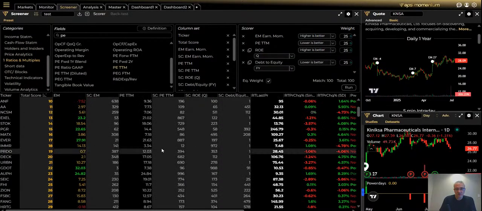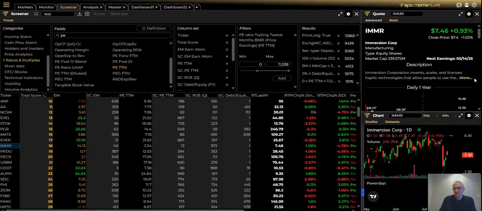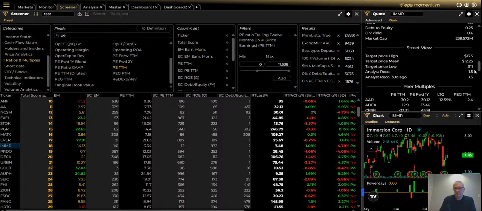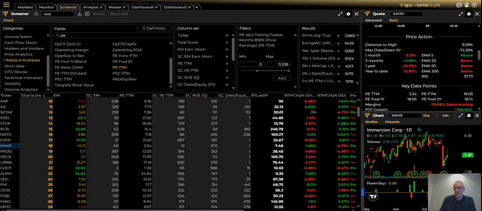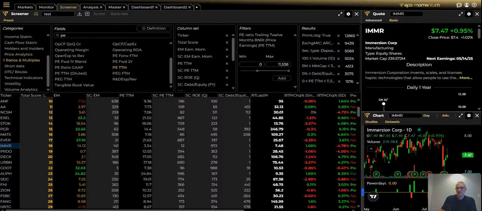And what do we get? There you go, 12. This one's number 12, IMMR. Let's see the PE. Yeah, so we get 3.34. There's very little debt to equity, and it's obviously a small price stock, small cap as well, but I can reduce the market cap in the same way I just did with the PE. I can filter for it.